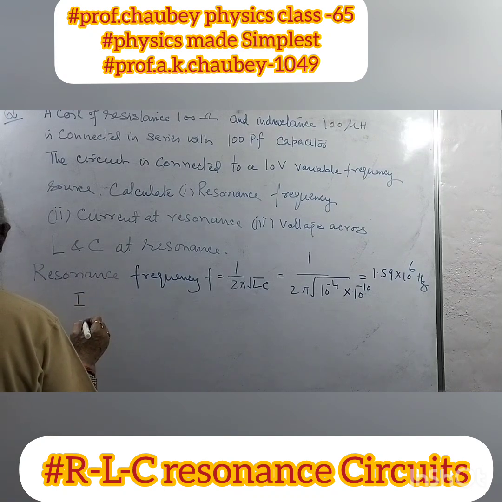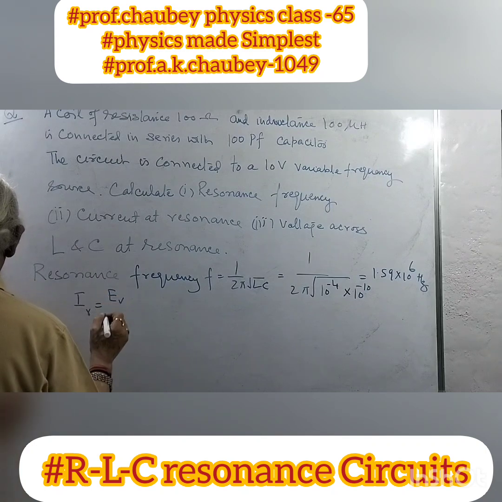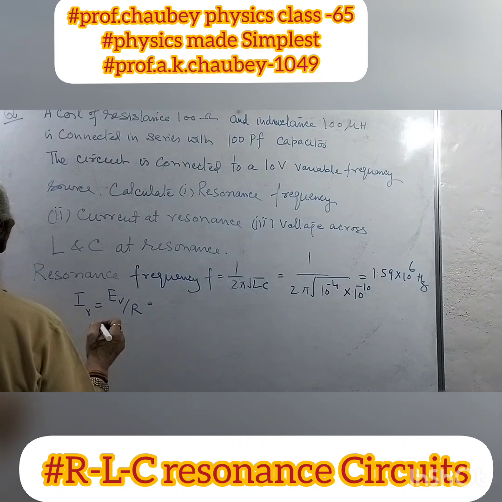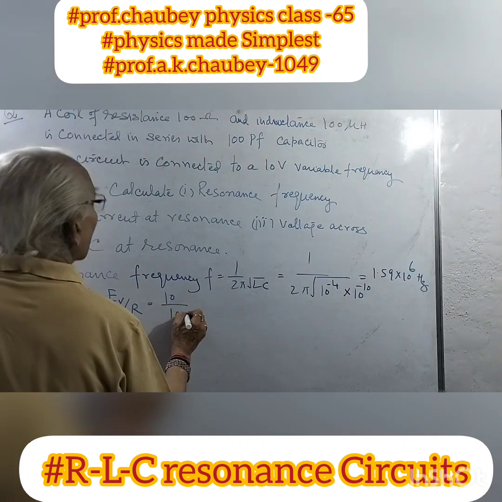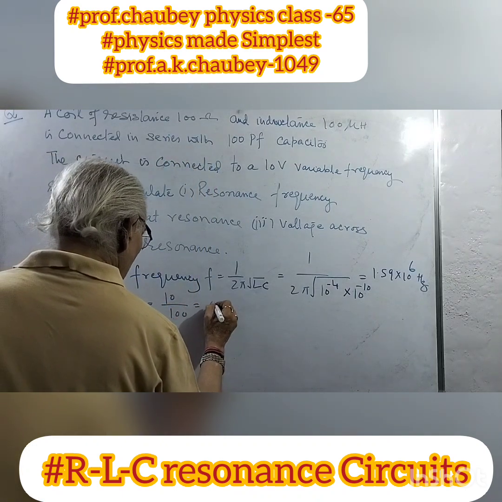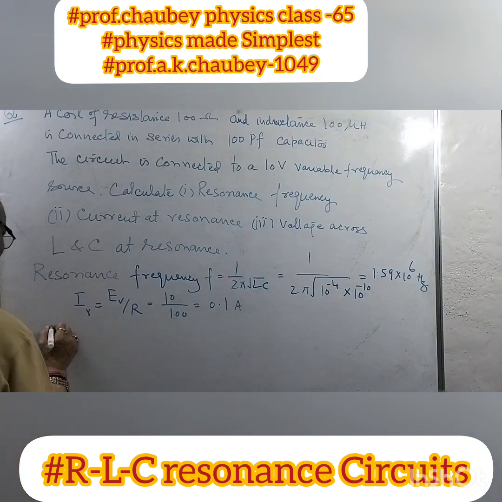And IR, the current at resonance, is EV over R, equal to 10 over 100. Resistance is 100 ohm, so this is 0.1 ampere current. VL is equal to IR into XL.